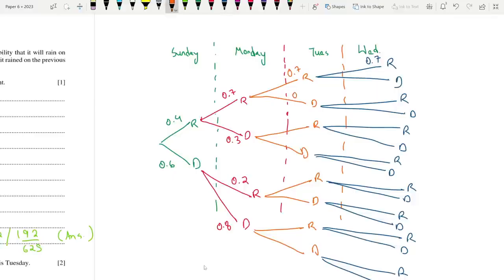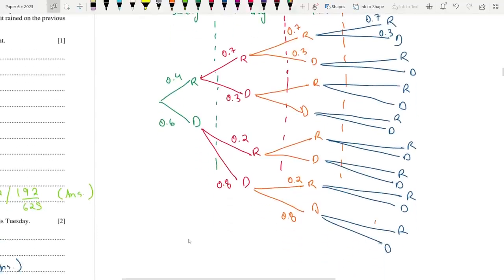On the other hand, if it did not rain, it's 0.2 for raining and 0.8 for not raining, because it did not rain the previous day according to the question.